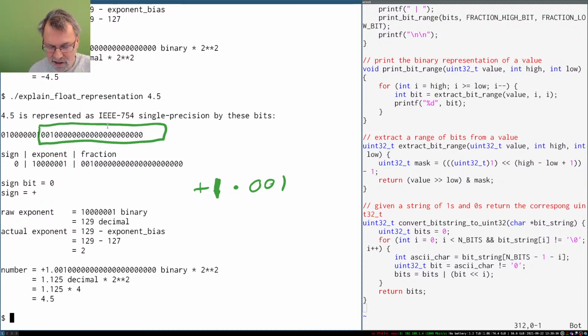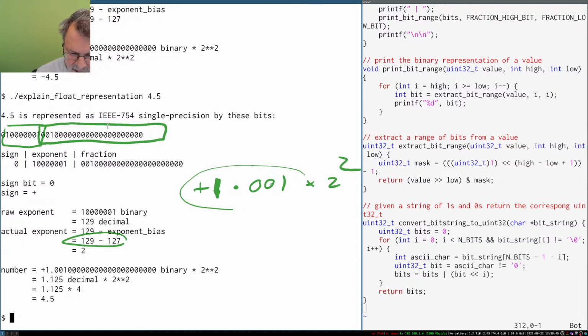So that's my fraction in binary. My exponent is sitting here. That value is 129. If I subtract 127 from it, I get 2. So that's my number. This is binary, and if you do the calculation there, that's 1.125 base 10 times 2 to the 2, which gives me what I want.